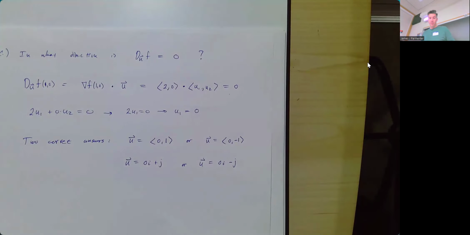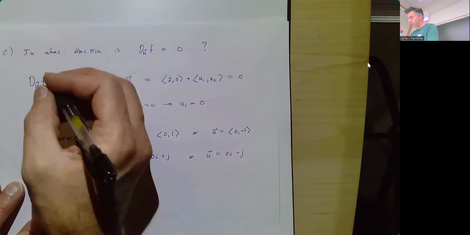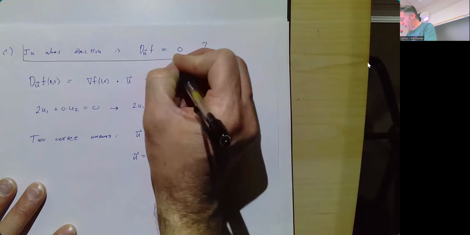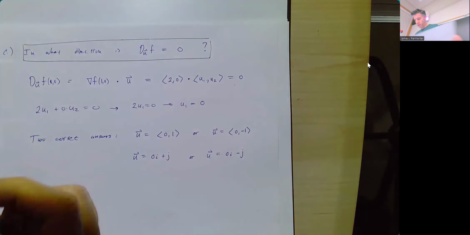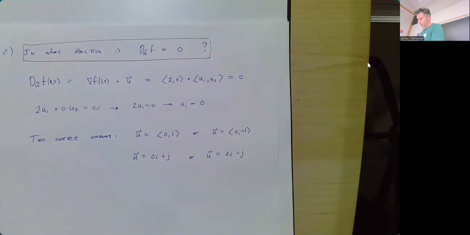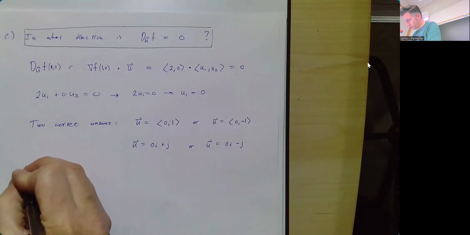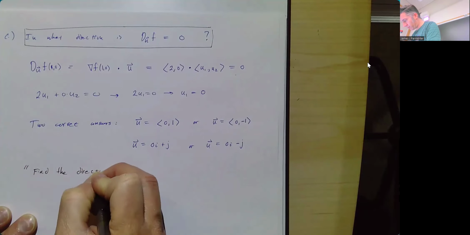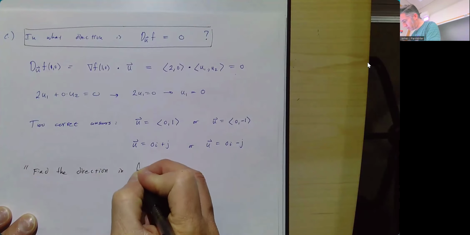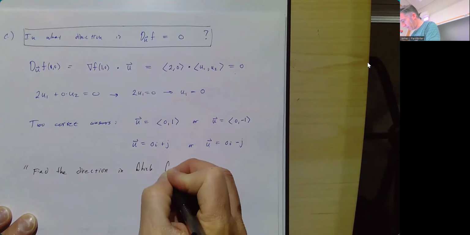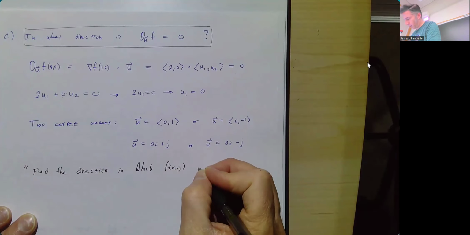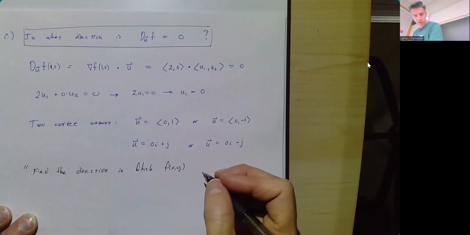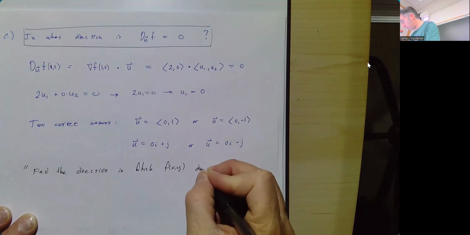I interpreted that, but the actual words that were written on the test were: find the direction in which your function f of x, y, I'm not going to write the whole thing, does not change.